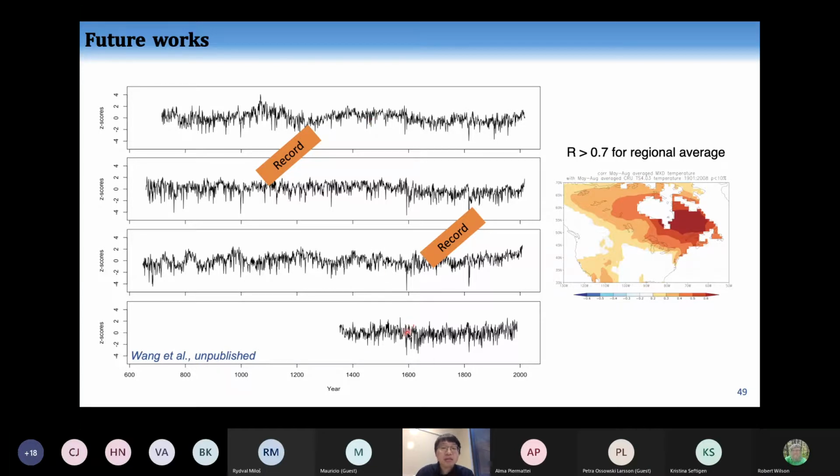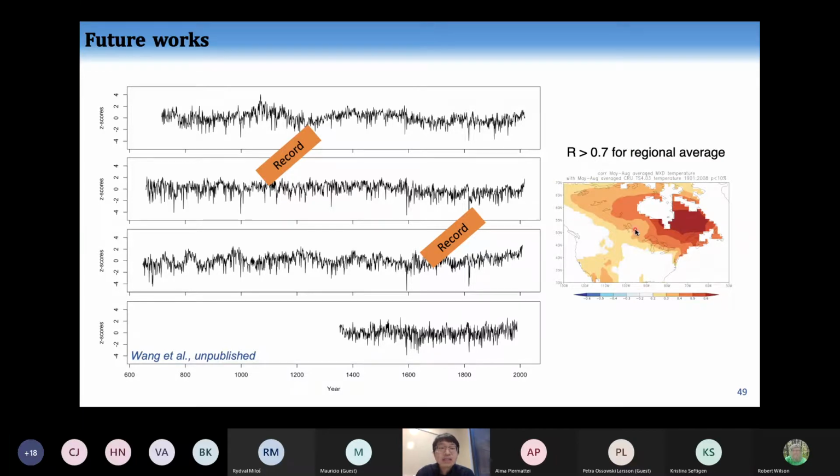So taking all of them together, we were able to reconstruct the millennial summer temperatures for Eastern Canada. And we found that these reconstructions correlated very highly with the temperature. The correlation is above 0.70, and the reconstruction also showed a very wide spatial domain.